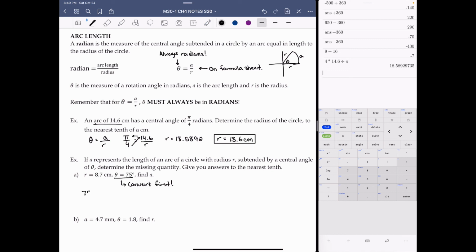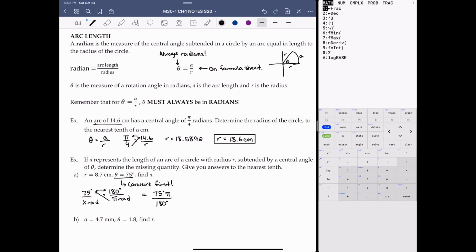I have 75 degrees. I want to know how many radians that is. I know that 180 degrees is pi radians. Cross multiply and divide. I get 75 degrees times pi over 180 degrees. 75 divided by 180 is 5 over 12.